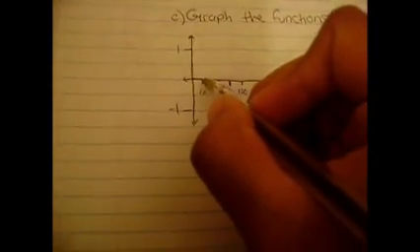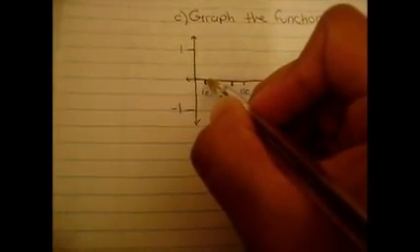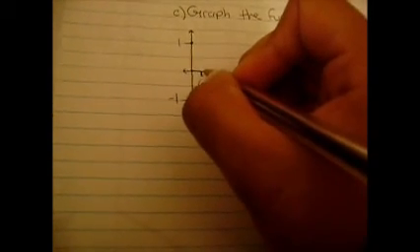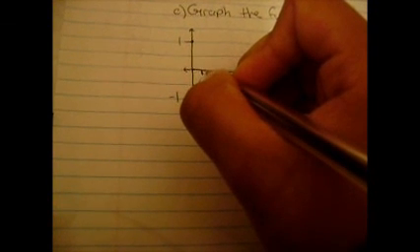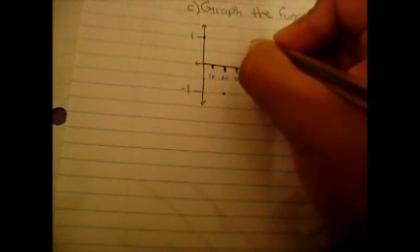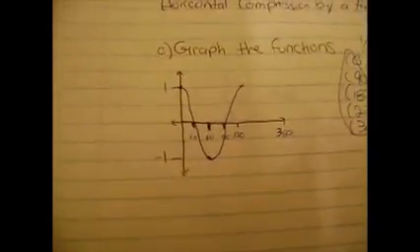So when we plot the points, it's 0 and 1, 30 and 0, 60 and -1, 90 and 0, and 120 and 1. As you can see, it is compressed.